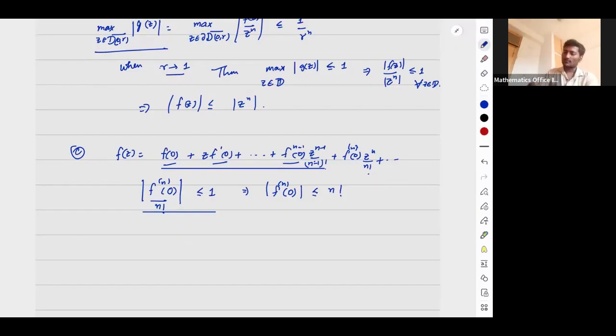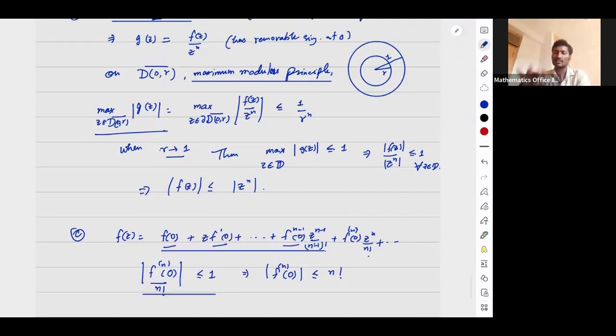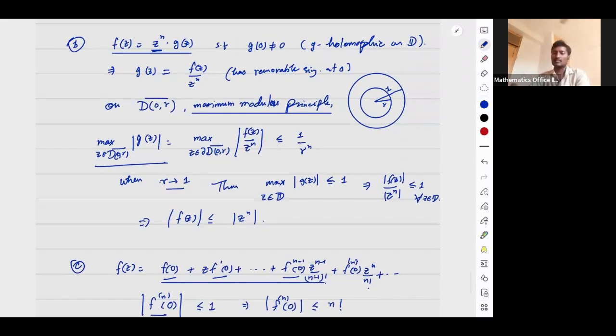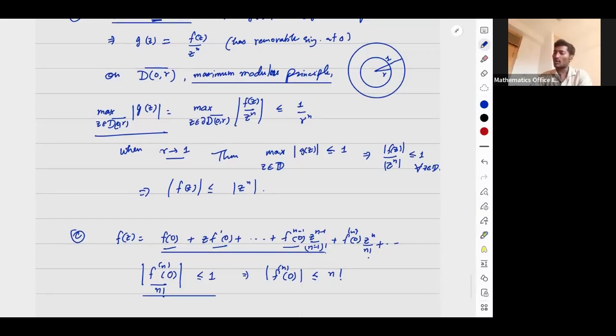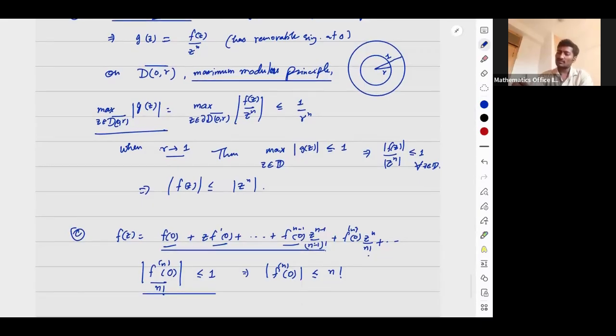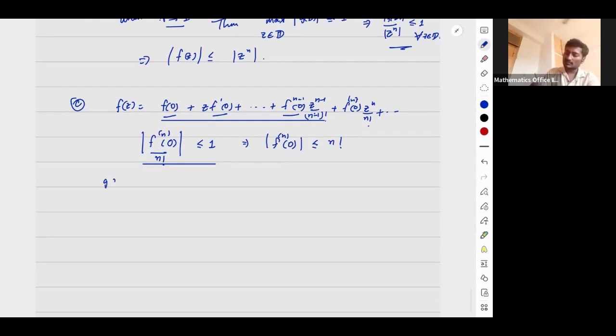So we have one thing: F(z) by z to the power n is exactly G(z). The modulus of G(z) is bounded, the maximum value is 1 here. We have calculated this in the B part. G(z) modulus is always bounded by 1 for every z in D. What is G(0)?